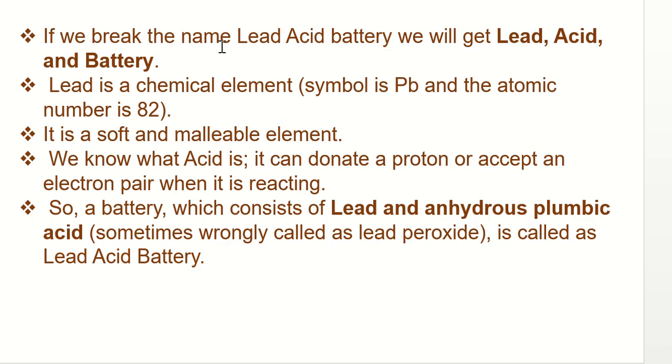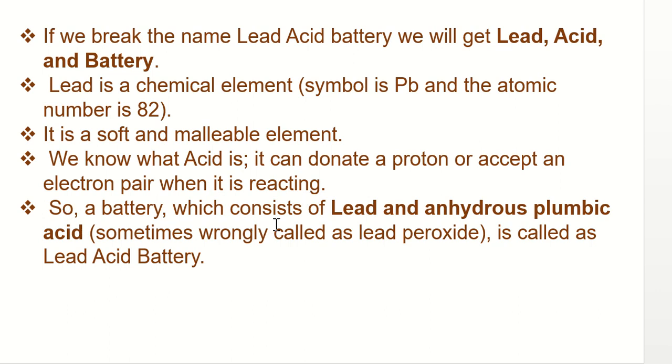If we break the name lead acid battery, we get lead acid and battery separately. Lead is a chemical element, symbol Pb and atomic number 82. It is a soft and malleable element. An acid can donate a proton or accept an electron pair when reacting.